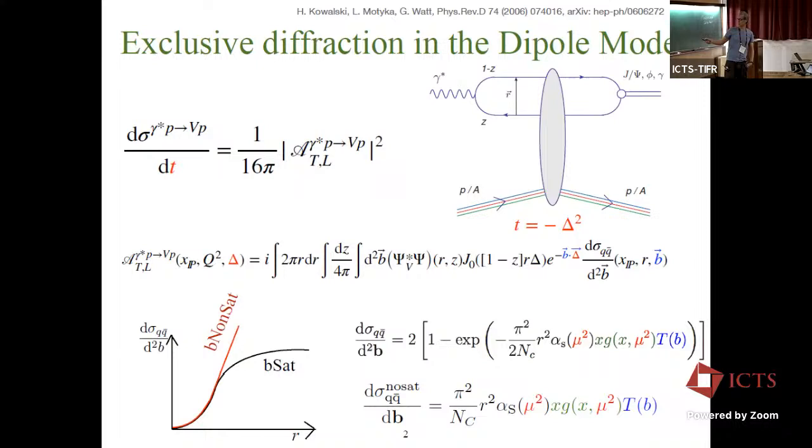This dipole cross-section contains basically all the QCD information that we are interested in. If we have one two gluon exchange, that would be this cross-section here, which is the dipole size or radius, r squared, times pi, then the coupling alpha_s, and the gluon density. This is the longitudinal gluon density.